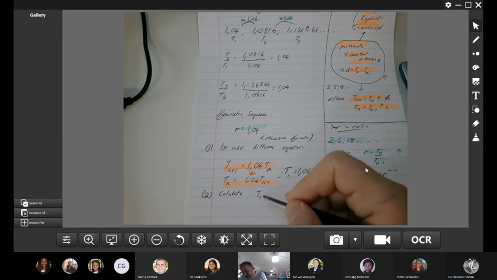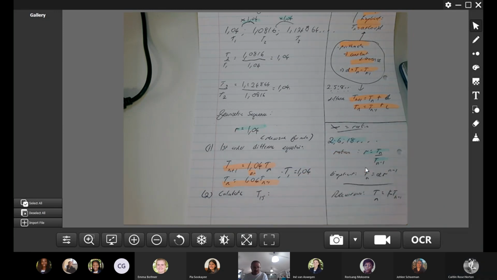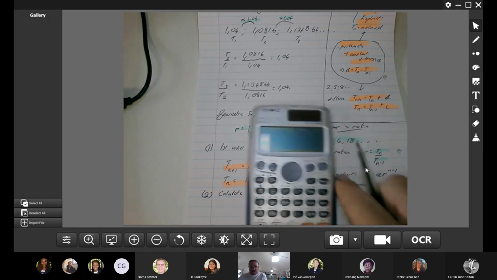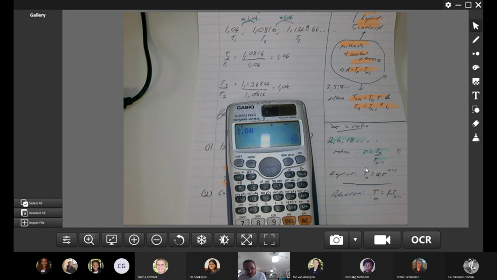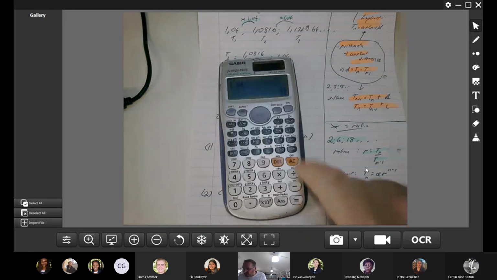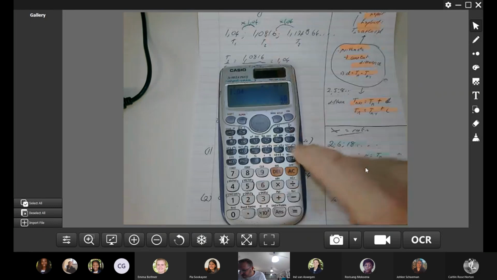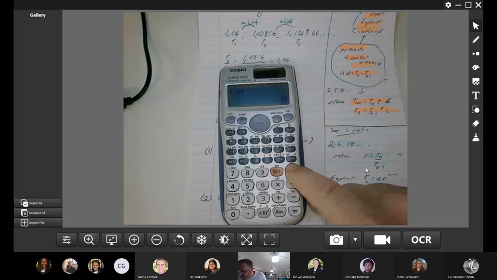Okay, calculate T15. So now I'm going to use my formula to calculate the value of the term in position 15. Can you remember what I put in my calculator, Caitlin? So you put in the first term, which is 1.04. Press equals, now it's stored in your calculator. When you press answer, the previous answer will come up.